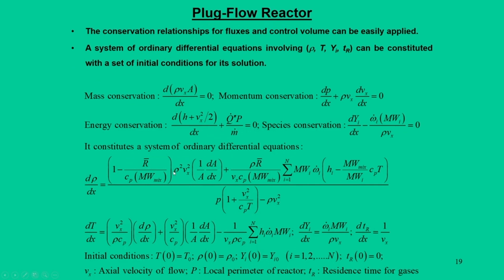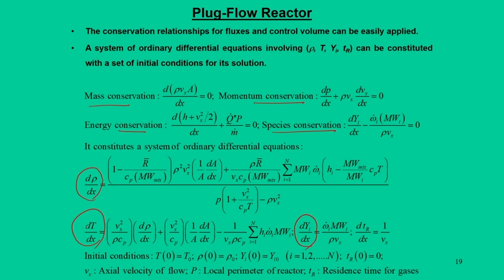When you equate them, we can find four different equations: mass conservation, momentum conservation, energy conservation and species conservation. By doing so, we can solve for three important terms: d rho by dx, dT by dx and dY by dx.